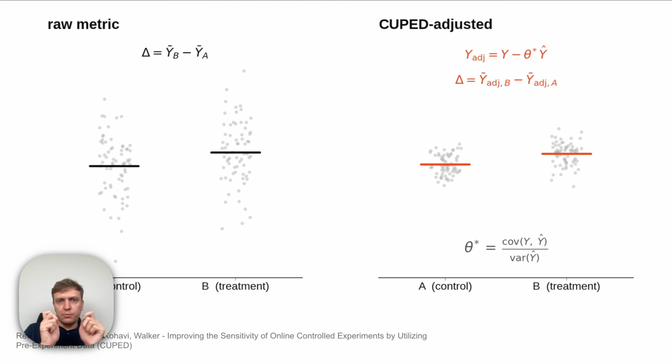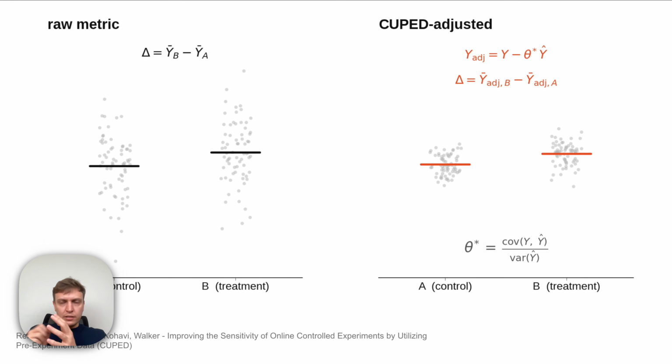But you don't fully subtract it. If you fully subtract, there will be some diff-of-diff comparison and so on. You subtract it multiplied by some factor theta. And this theta is computed using exactly the same formula as the one that I use for alpha.